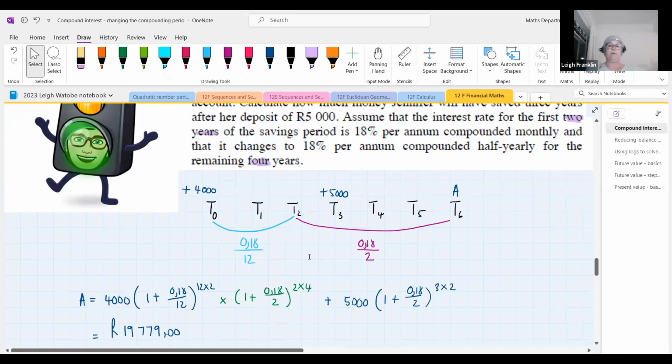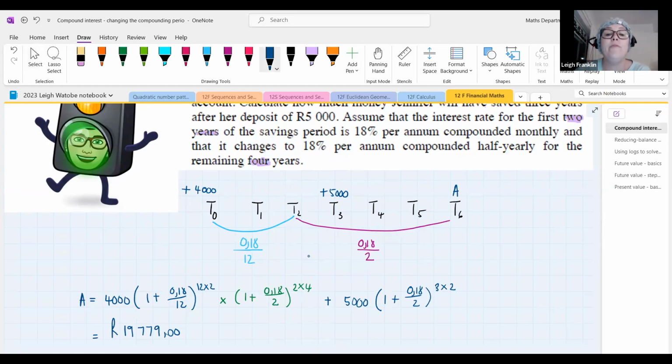Okay. So the reason why it is to the power of 8 is because we are talking about how many times it's going to be compounded from T2 through to T6. Remember, it's being compounded 2 times a year for 4 years. That's why we've got 2 times 4.